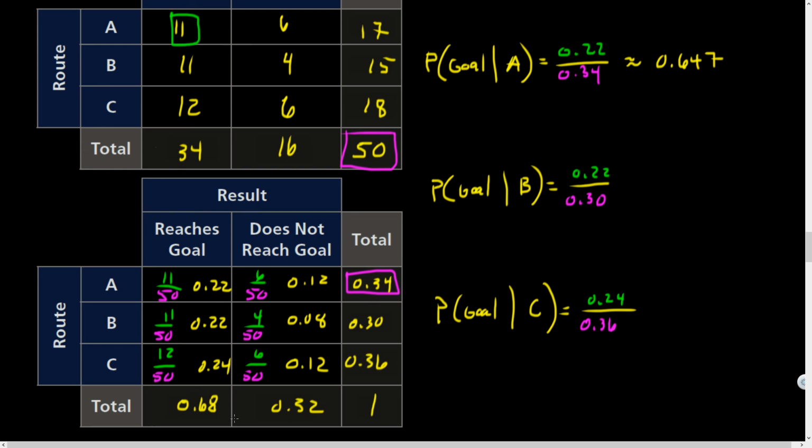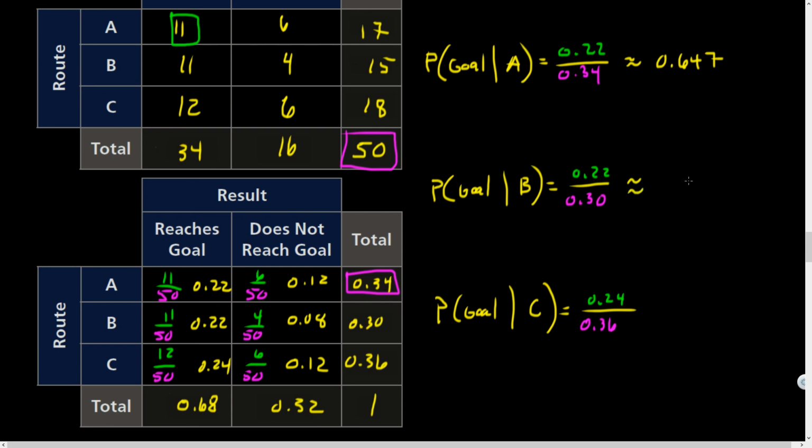It's less than, however, the total number of times he reached his goal. And actually, that's a bit of intuition there as well. Since that particular route is less than the average number of times reaching his goal, it's probably not the best, right? Because it's lower than average.